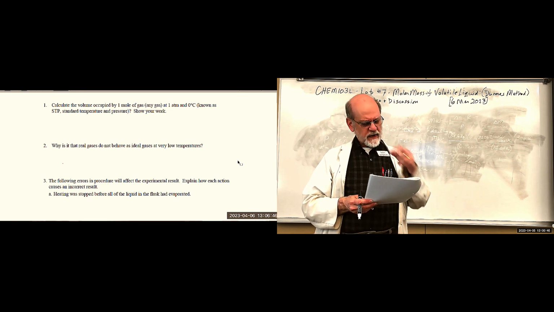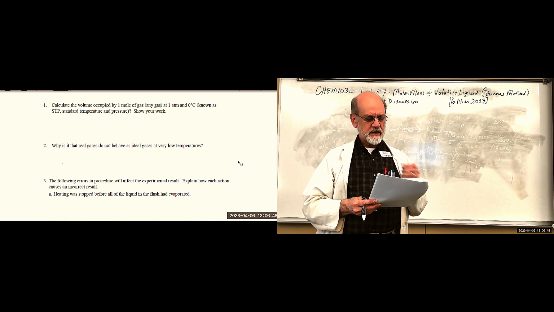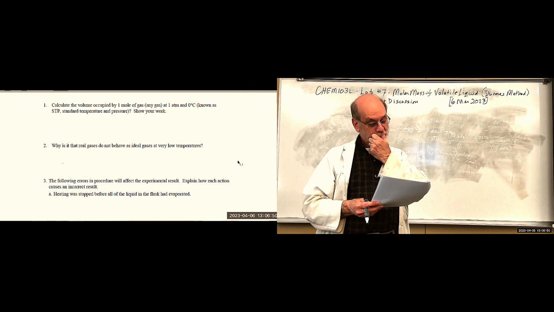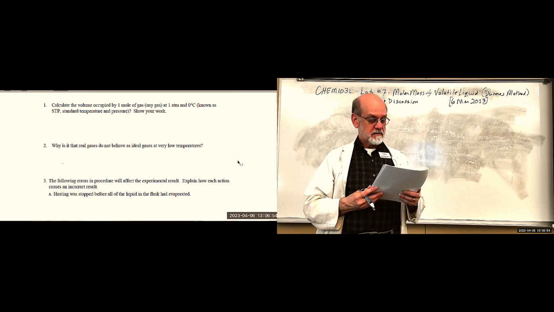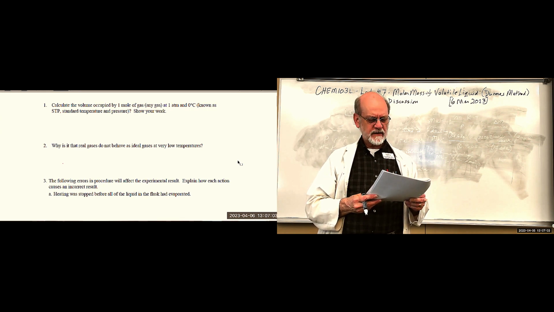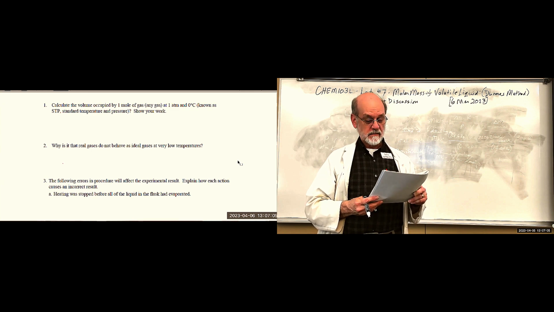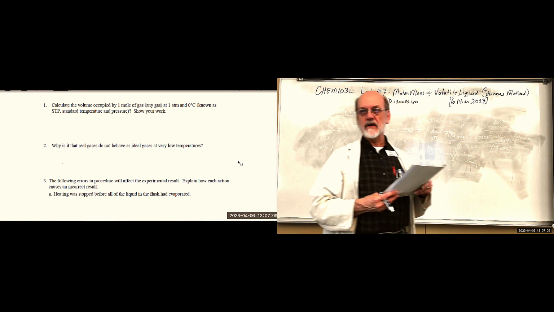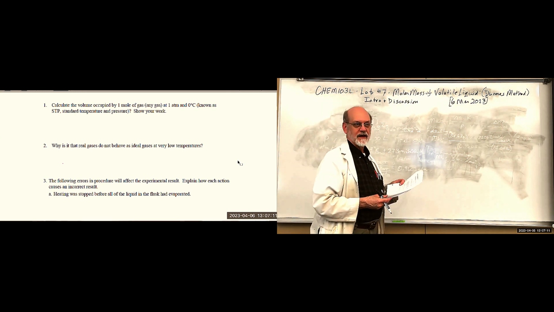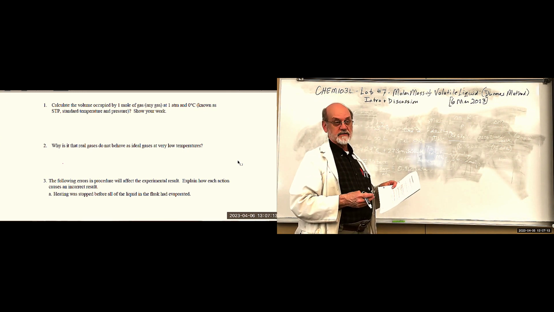So for number 3, we've got several different types of errors that may be introduced. Explain how each affects the results. Heating was stopped before all the liquid in the flask had evaporated. What would that do to the calculation? Yeah, give you a higher mass.